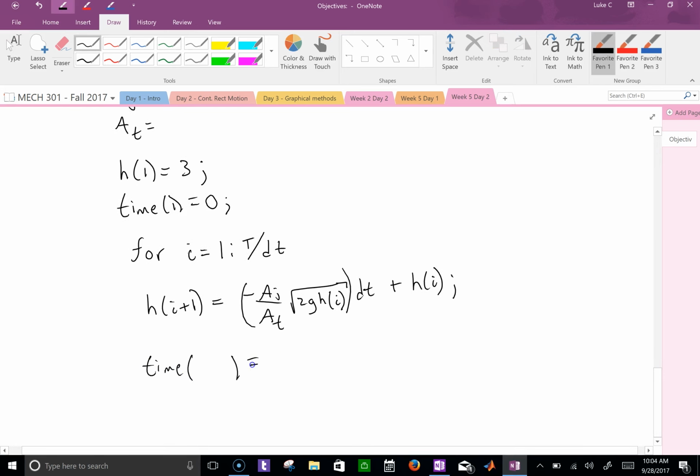Time of what equals... Oh, i plus 1 equals time of i, plus the last time, dt. Because our dt is 1, 2, 3, whatever we pick. So this is how it's establishing our next set of times: our first time plus a delta t. And then we're done with the loop. That's it. That is how you do this differential equation numerically.